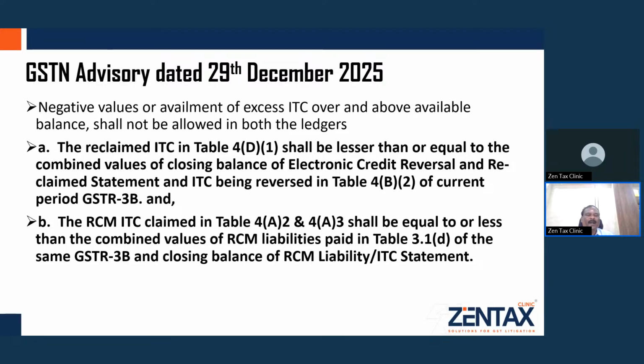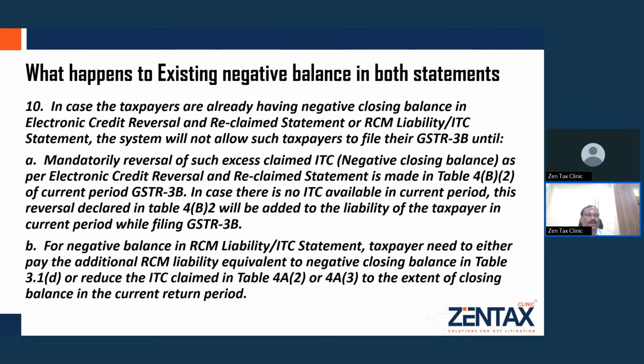Then the RCM ITC, that is 4A2, 4A3, import of services and all other RCM payments, shall be less than or equal to the value declared in 3.1D. This ensures that you do not claim ITC for RCM more than the amount you are going to pay in 3.1D. So this is an advisory, and you will not be able to do otherwise.